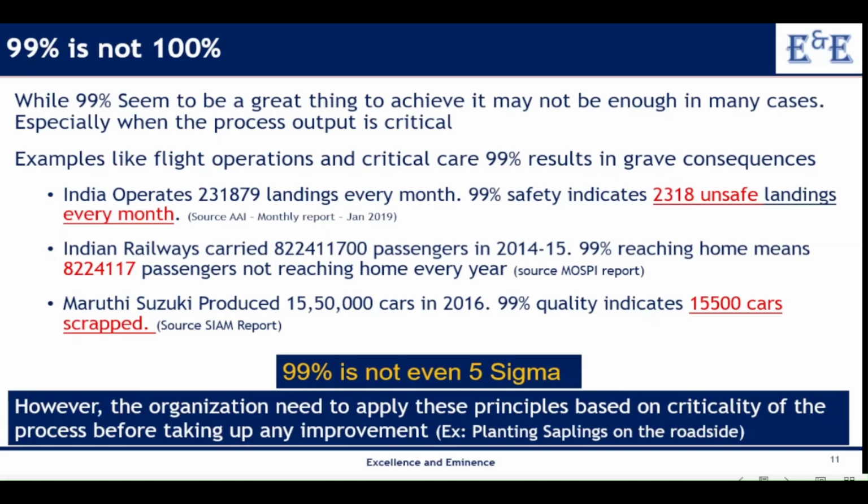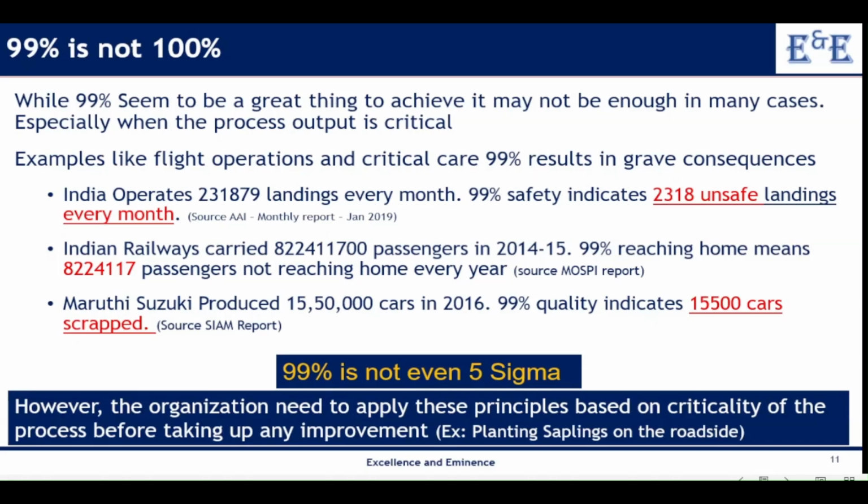Let's say safety cases. Okay, this is old data, 2019 data. Let's say India operates at that time in 2019 2,31,879 landings every month. 99% means 2318 unsafe landings, crashes every month. Can we bear that? Let's take it this way.